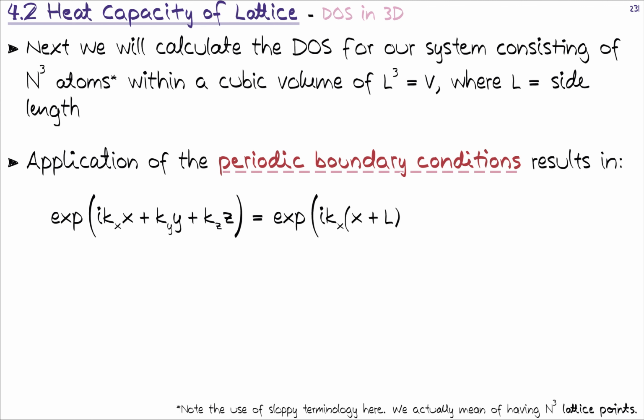case. So I should be having equality between the x variable when we are in a position x and when we go to a position of x plus L. And similarly, the same way, we have periodic boundary conditions along the y direction and along the z direction too.